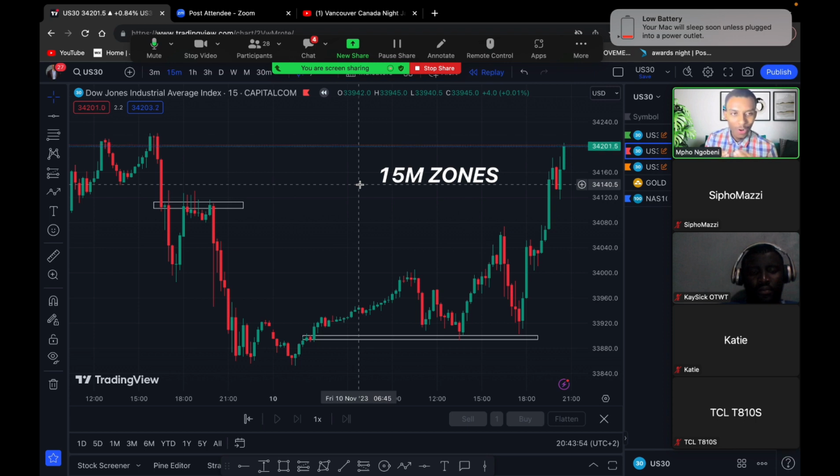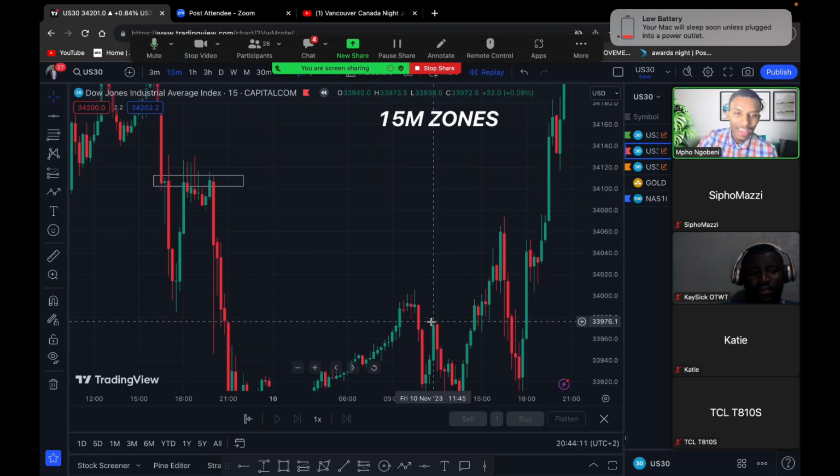You want to see a lot of green candlesticks forming, or a lot of red candlesticks forming, and in the middle there's just a small red or green candlestick out of many green or many red candlesticks. As you can see, this is an example.